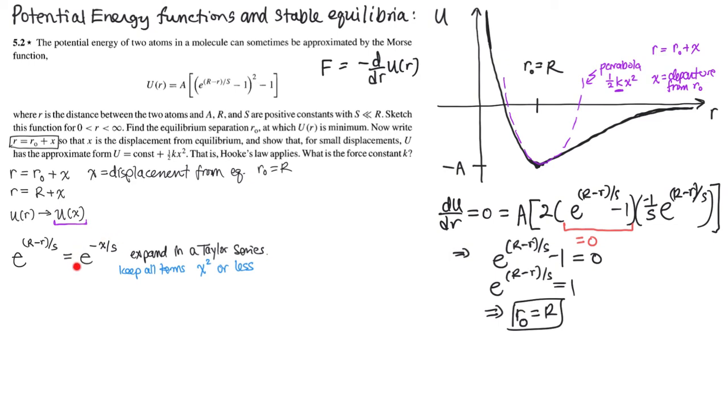So when we do the expansion of the exponential, we actually only need to keep terms that are of order x to the first power, so that when we square those terms, our potential keeps all the terms that are of x squared or less. So we want to keep all terms x squared or less in the potential. So the implication is that we only need the linear terms in the expansion of the exponential.